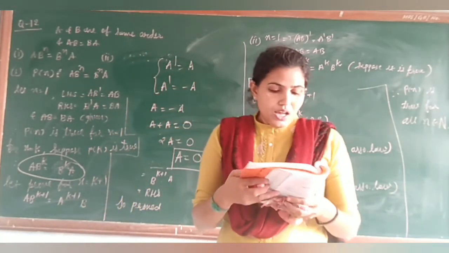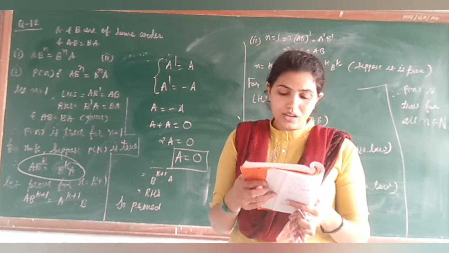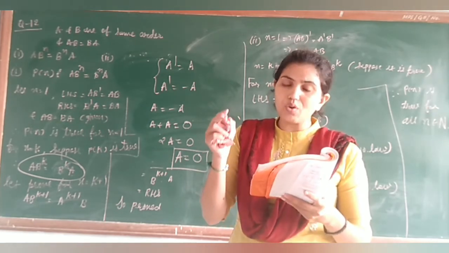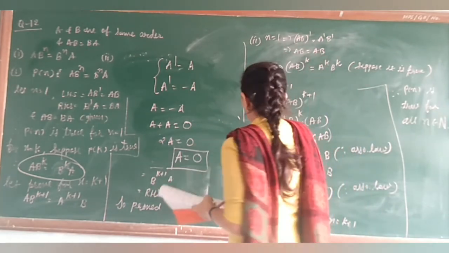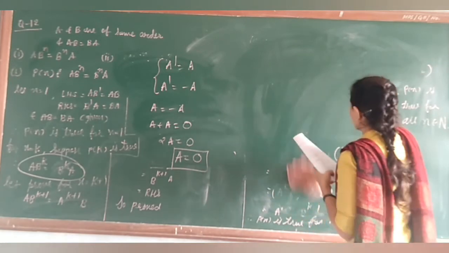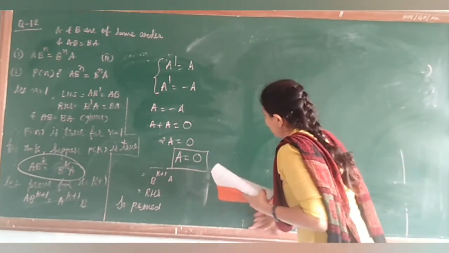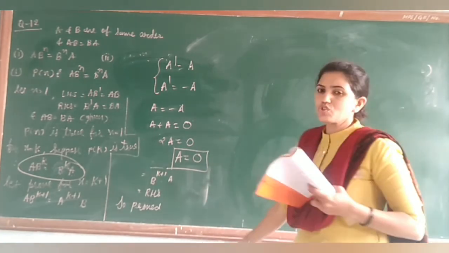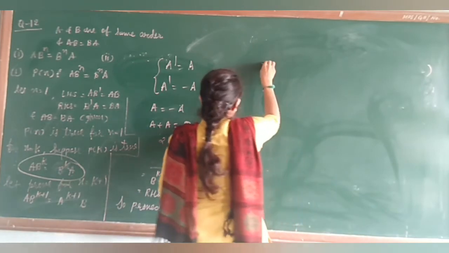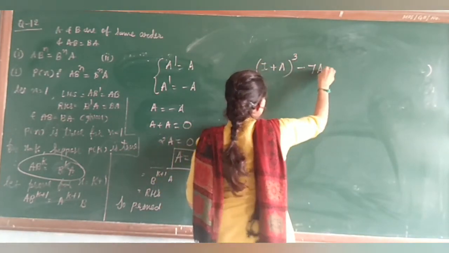Question 15. If A is a square matrix such that A square is equal to A, then I plus A whole cube minus 7A. So in this question, students, you have to apply the identity of A plus B whole cube here. I plus A whole cube minus 7A.